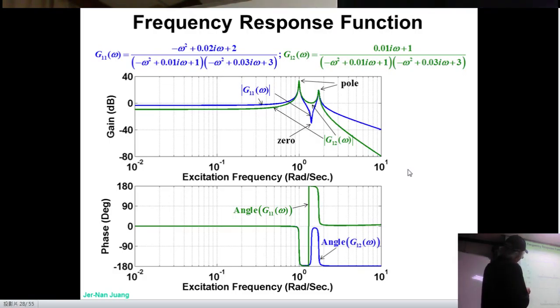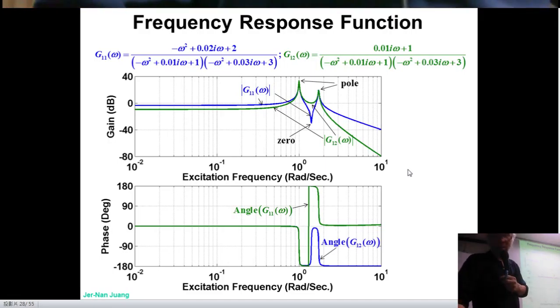So from first input to first output means the input and output are on the same location, right? Agree? This is the second input to the first output. They are not on the same location. You want to be careful here.